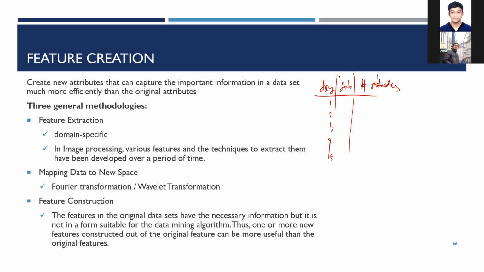So instead of using only day 1, 2, 3, 4, 5, logically we can get information: usually during a holiday or the weekend, the number of students coming to school is less than during the weekdays. So here, I will add one more feature, for example holiday, weekend or weekday.